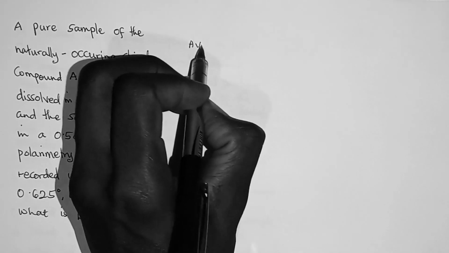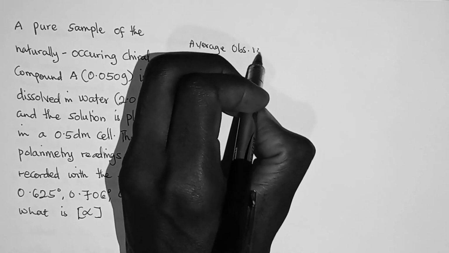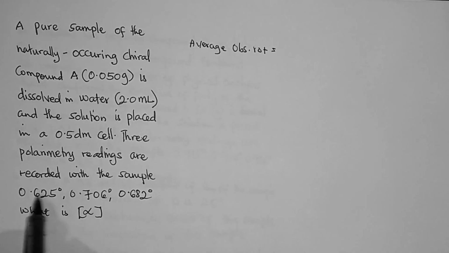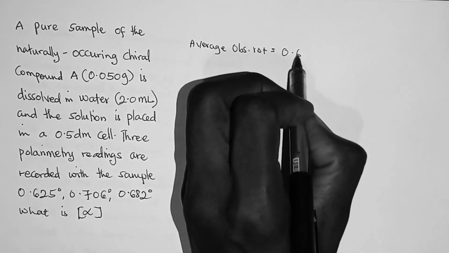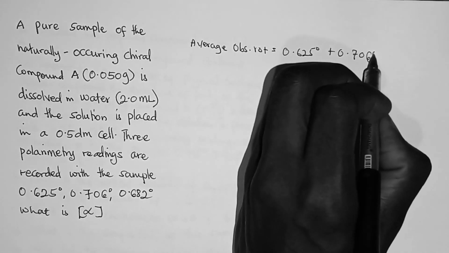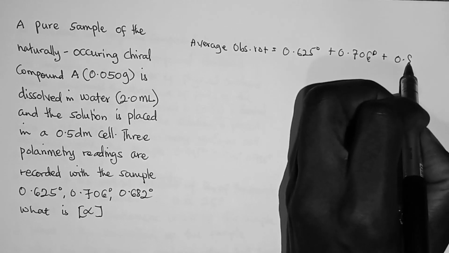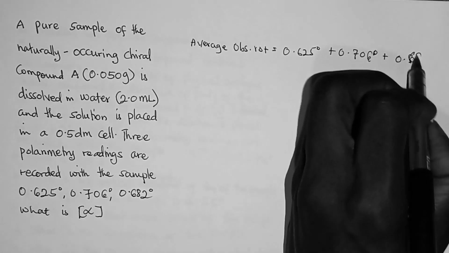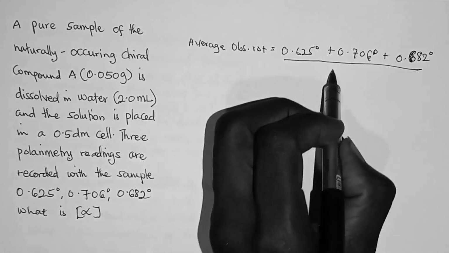So we need to first find the average observed rotation. The average observed rotation is equal to, we just sum these rotations and divide by 3, which is 0.625 degrees plus 0.706 degrees plus 0.682 degrees, divided by 3.